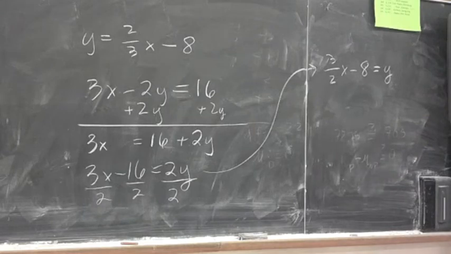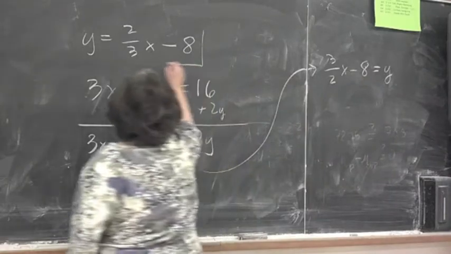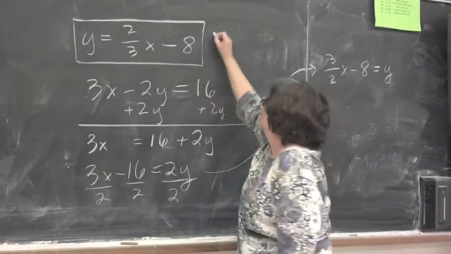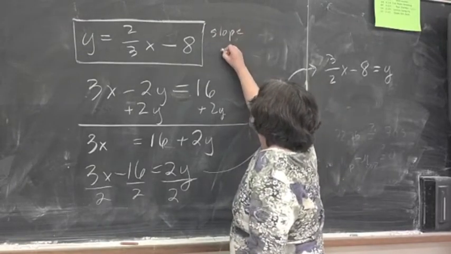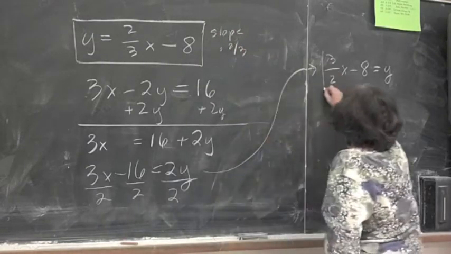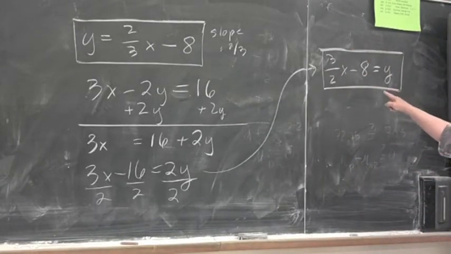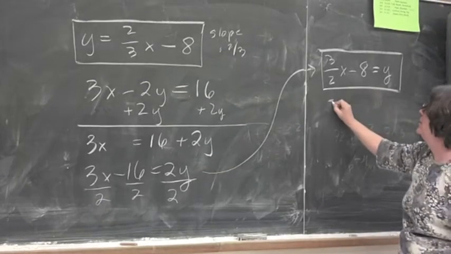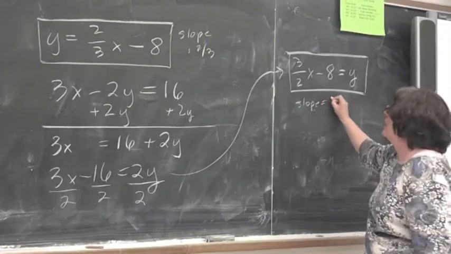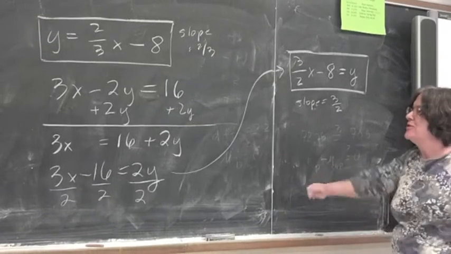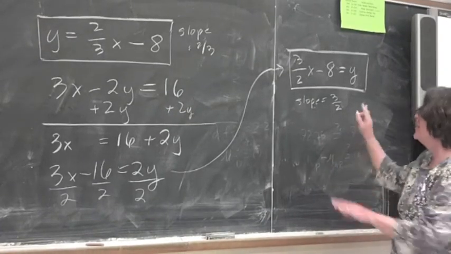Okay, now we've got one equation here. Y-intercept is -8, the slope is 2/3. This one, 2/3 and 3/2 are reciprocals, but they're both positive.